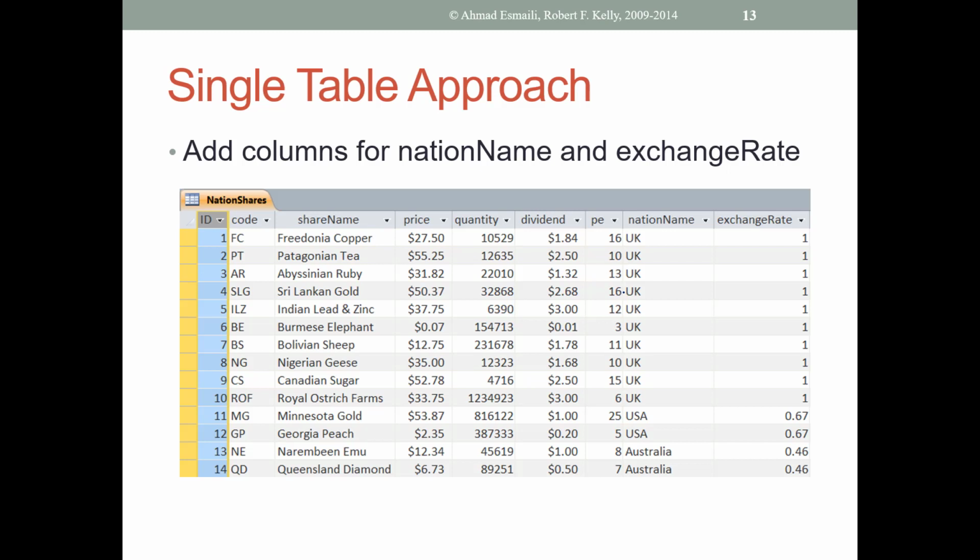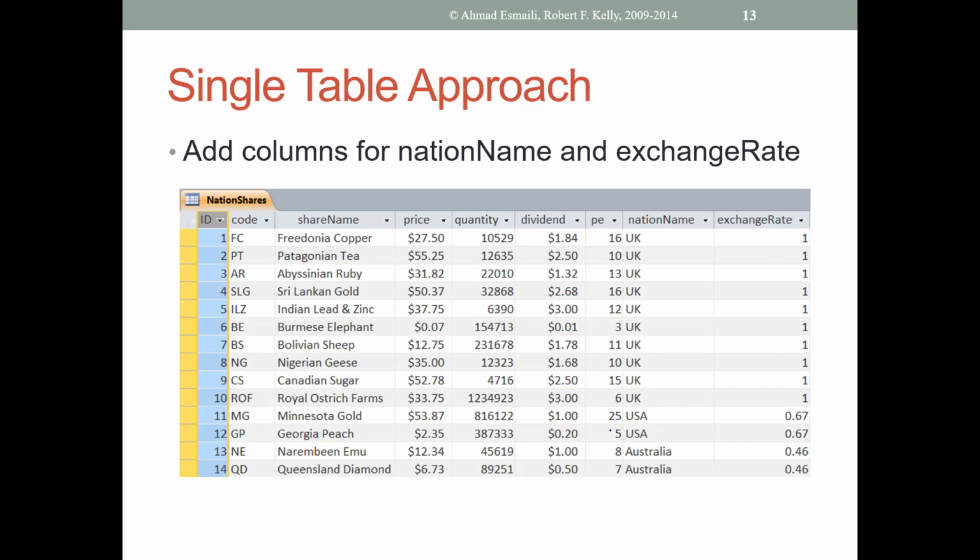So as you wanted, we are putting all the information in one table, and we'll see what will go wrong if you put everything in one table. We already had ID in the previous shares database or file: you had code, shares name, price, quantity, dividend, and PE. So this much we already had. Now we are adding the nation name and the exchange rate. The first few shares are all listed in UK and the exchange rate is 1.